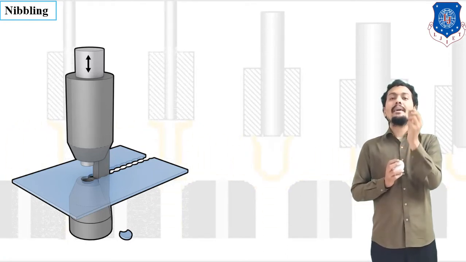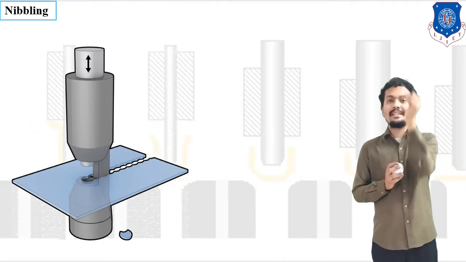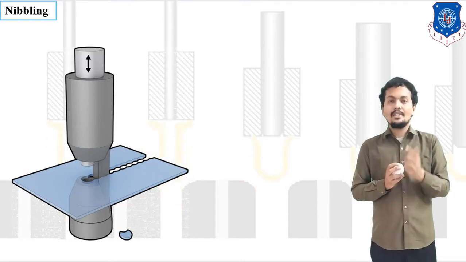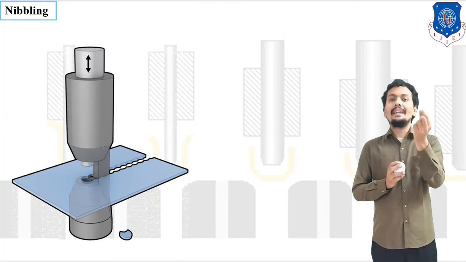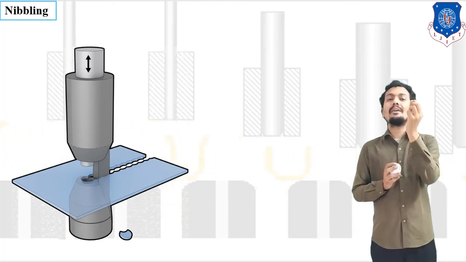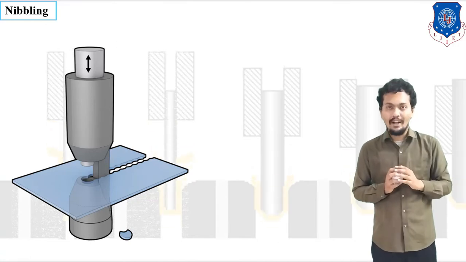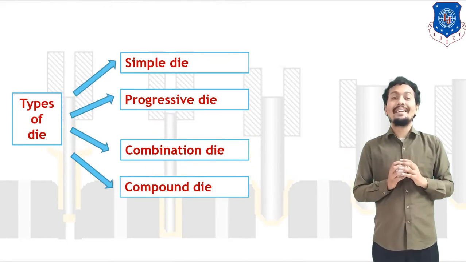We can make any contour cut in any sheet metal with the help of a reciprocating nibbler. This type of tool is known as a nibbler. With its help, we can cut any geometry or any letter in sheet metal. This operation is known as a nibbling operation. So these are all sheet metal operations.